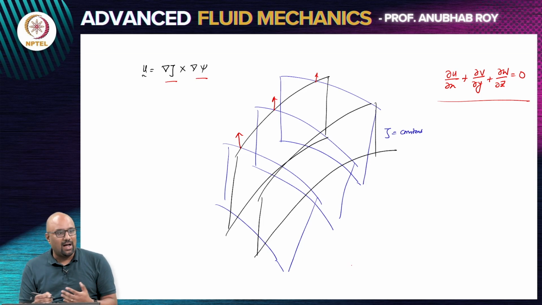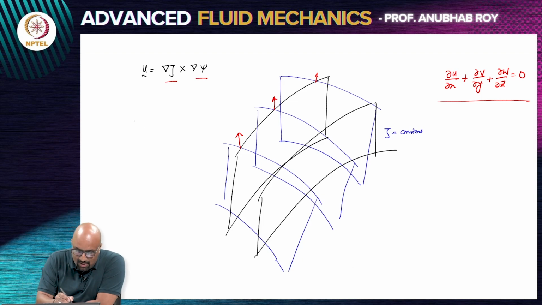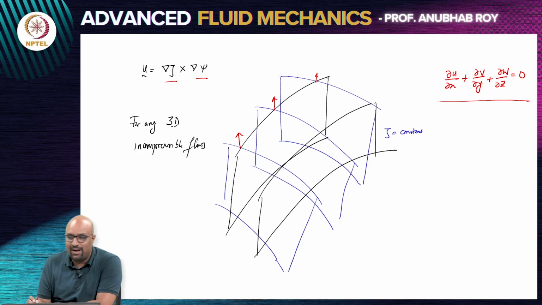This is what will happen for any 3-dimensional incompressible flows. To define any 3-dimensional incompressible flow, you need 2 scalar potentials.